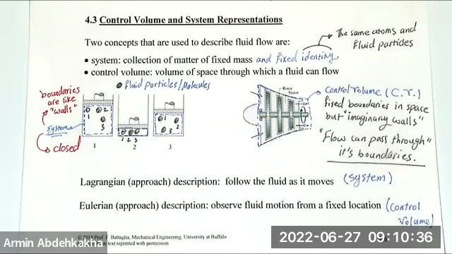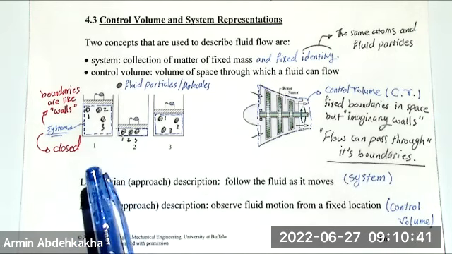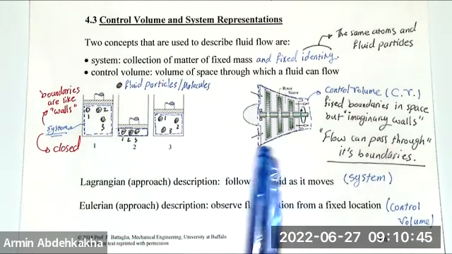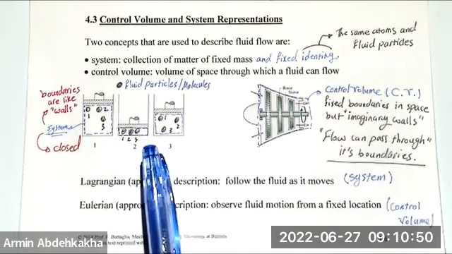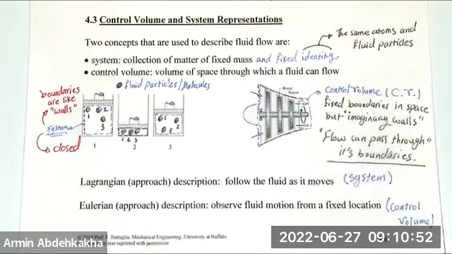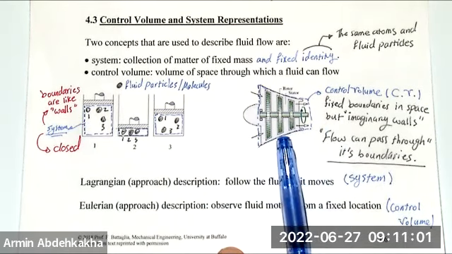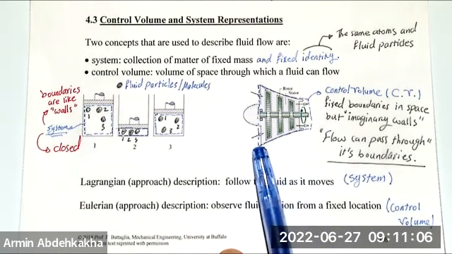So the thing is that we need the Reynolds Transport Theorem, which is a relation between these two. This relation wants to show how these two systems are connected, right? Because these two are different. In one case, the boundaries are moving because the flow is moving and you want to stay with the identities. So the same boundaries at time zero of the control volume and the system are matched.